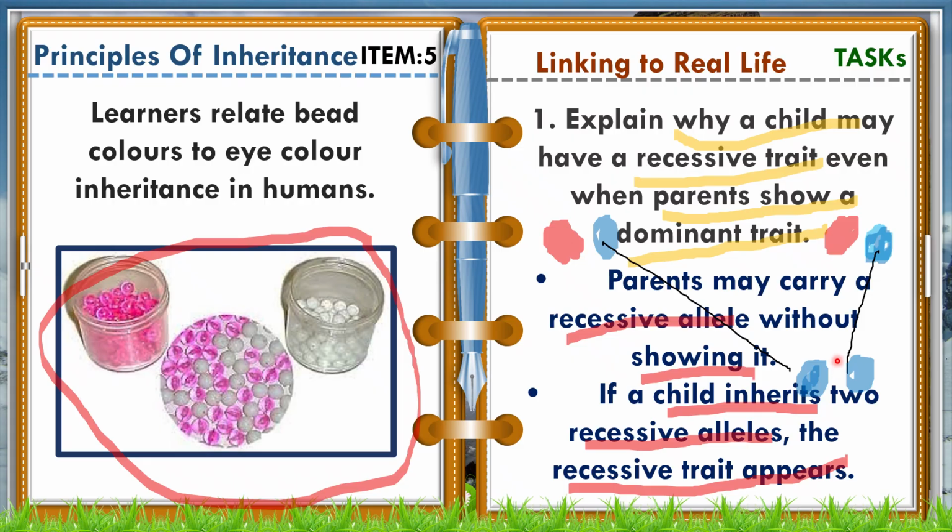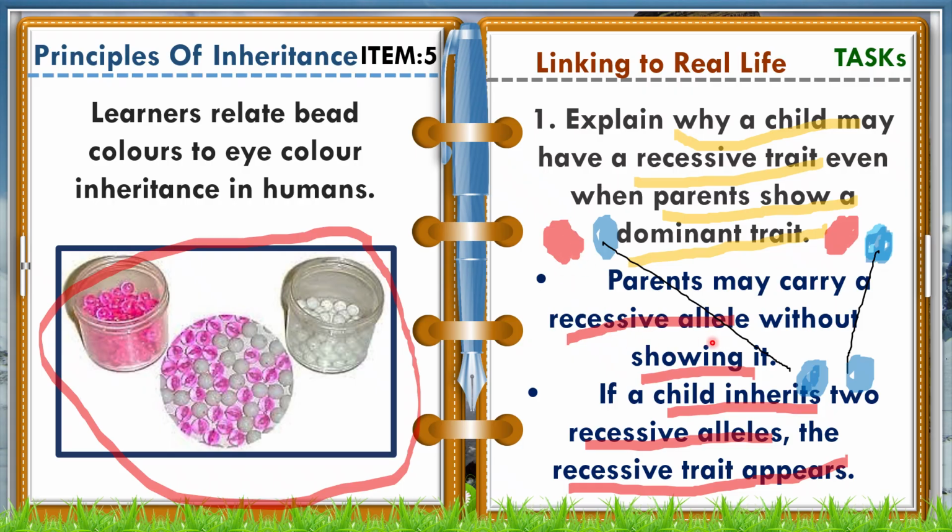So that's why a child can have a recessive trait, yet the parents are showing a dominant trait. This is because both parents are carrying a recessive allele, but they show a dominant trait because the recessive allele is being suppressed by the dominant allele.